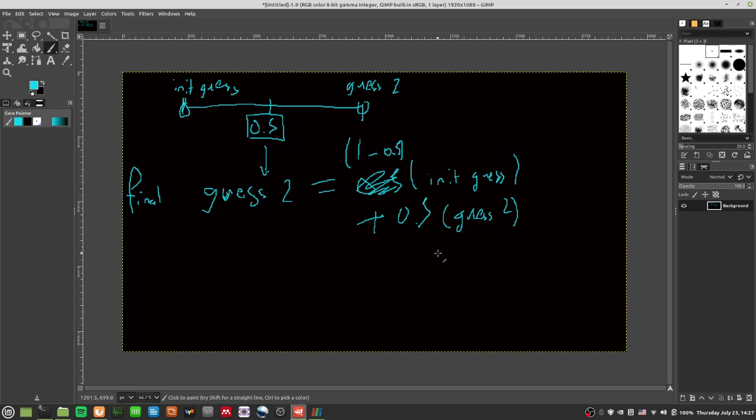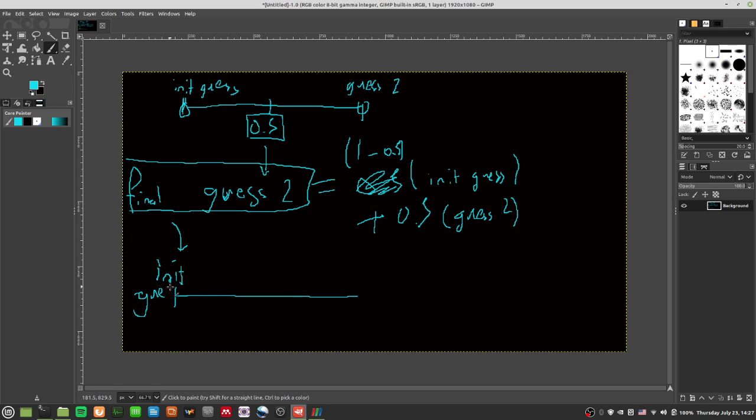That's basically how the final guess 2 is worked out, and this final guess 2 will become the initial guess of the next stage, of this second PIMPLE algorithm. So this will be maybe guess 3.